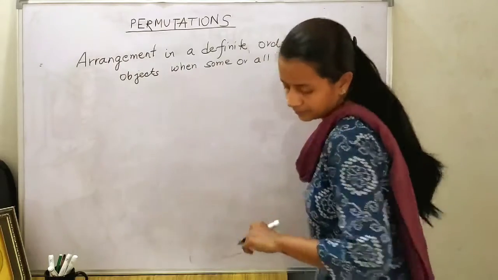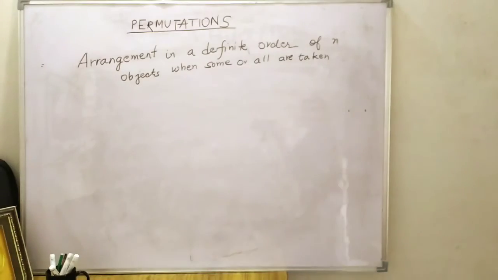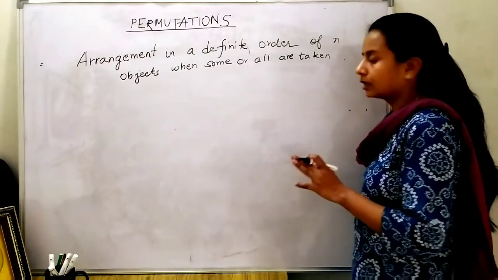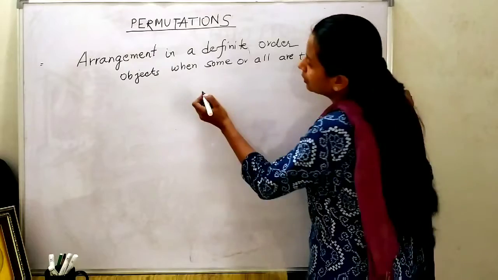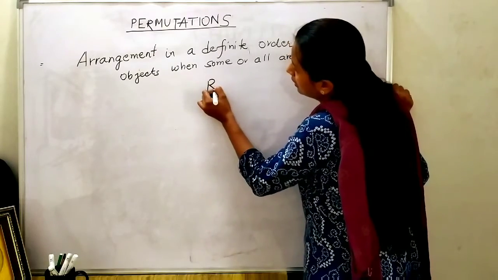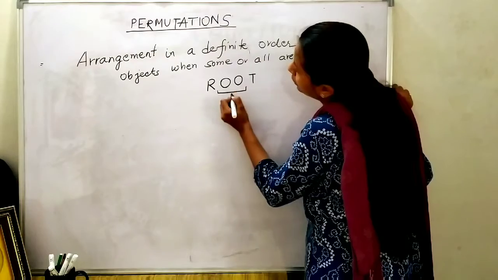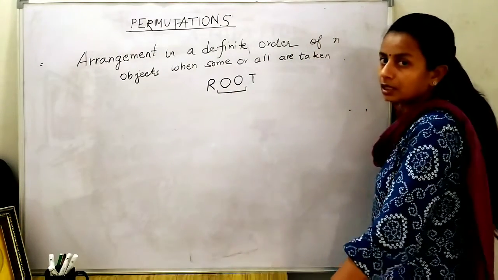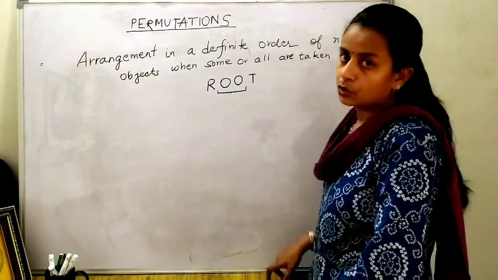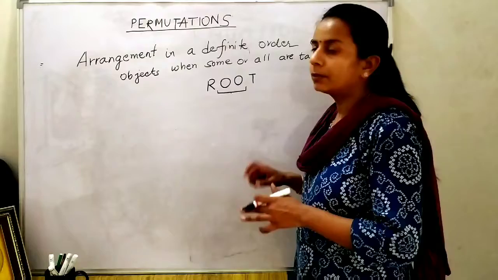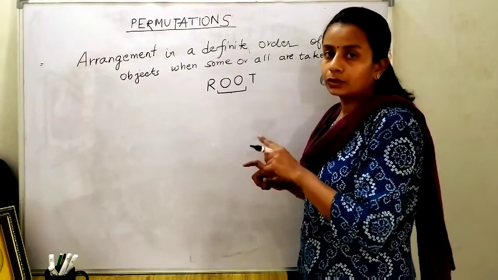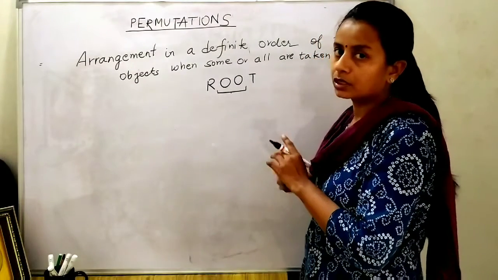Now, when objects are not distinct, for example, in this word root, we have 2 similar objects, right? Some arrangements can be similar because of these 2 similar objects.